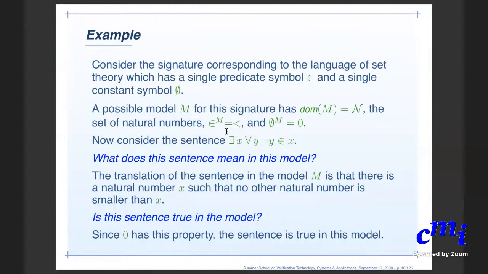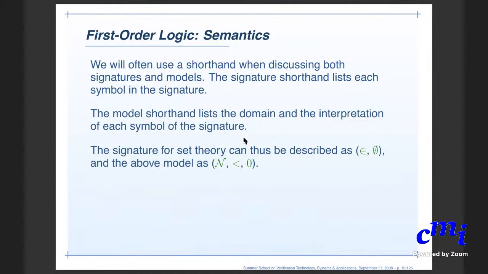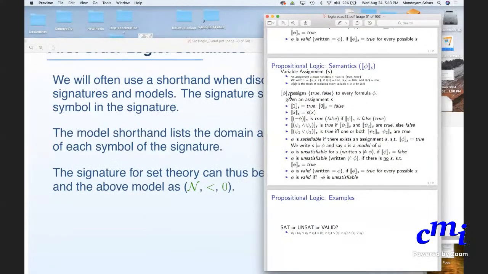So to contrast, in the case of propositional logic, the truth assignment S itself was the model. Since it did not have any non-logical symbols, given a truth assignment to all the proposition variables, you were able to define the truth value for each of the formulas.